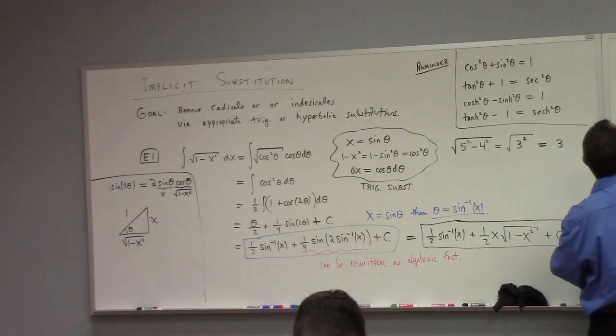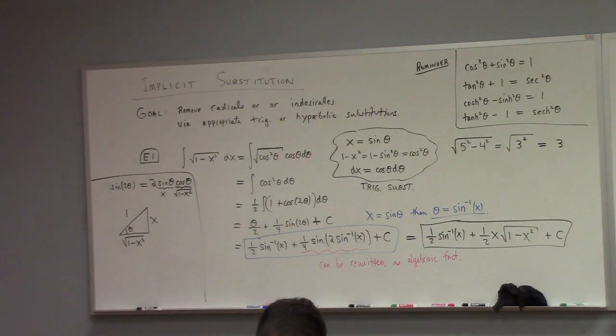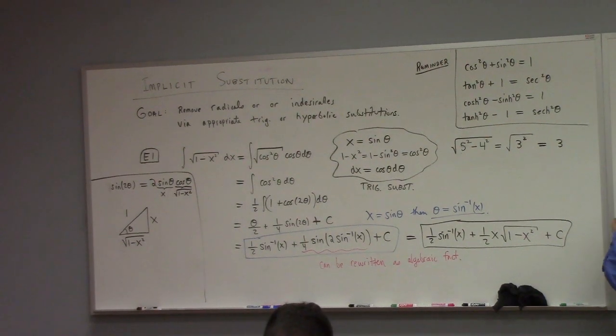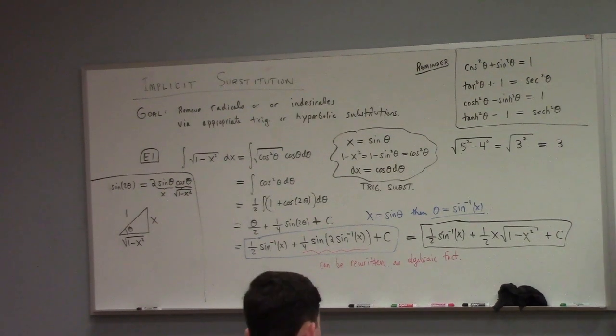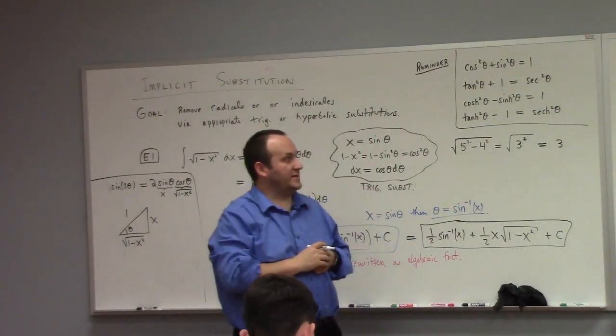Example 2. Suppose we have the integral of the square root of something like x squared plus 8x plus, I don't know, 17, dx, of course.